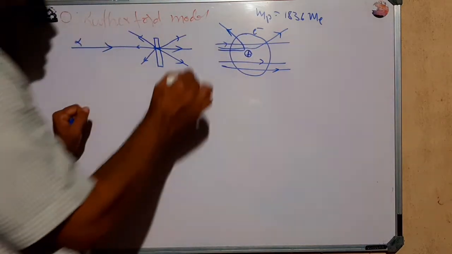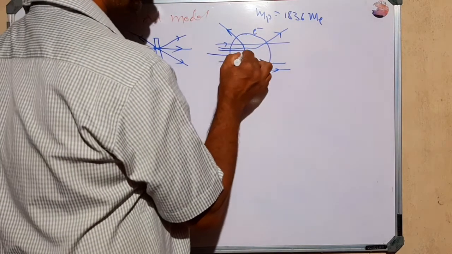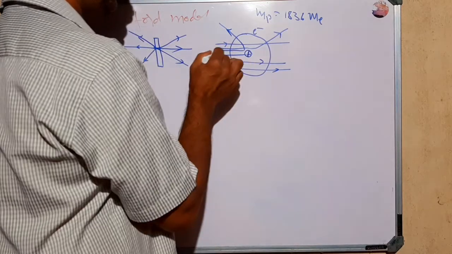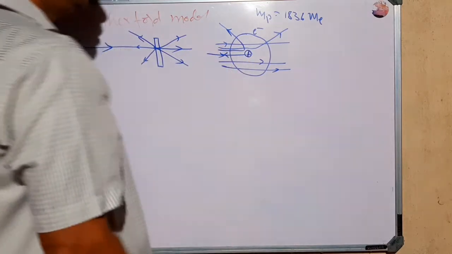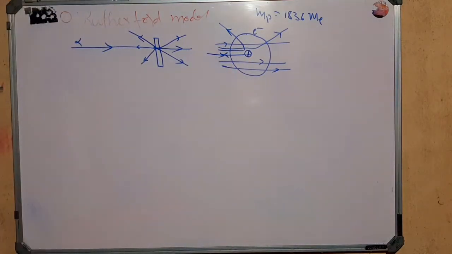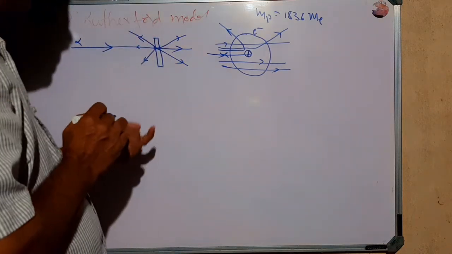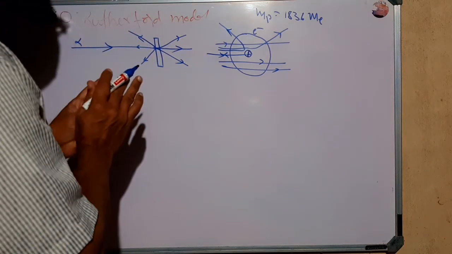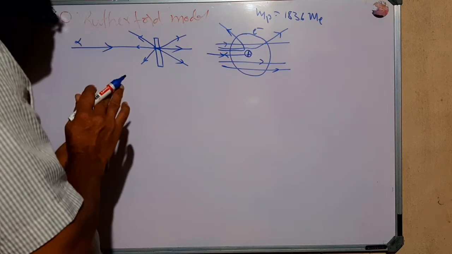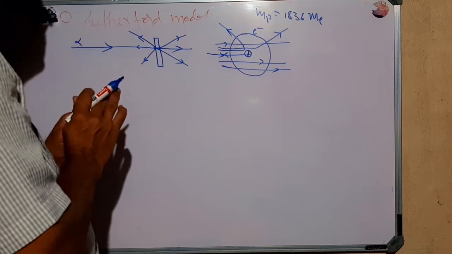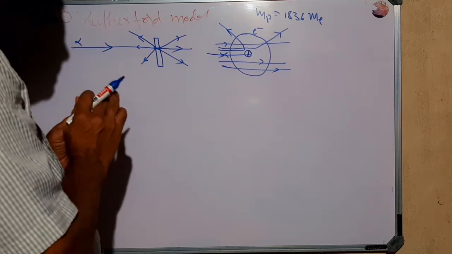If there is a head-on collision with the nucleus, the alpha particle bounces back. See, using this, we are able to explain the experimental observations of the alpha scattering experiment.